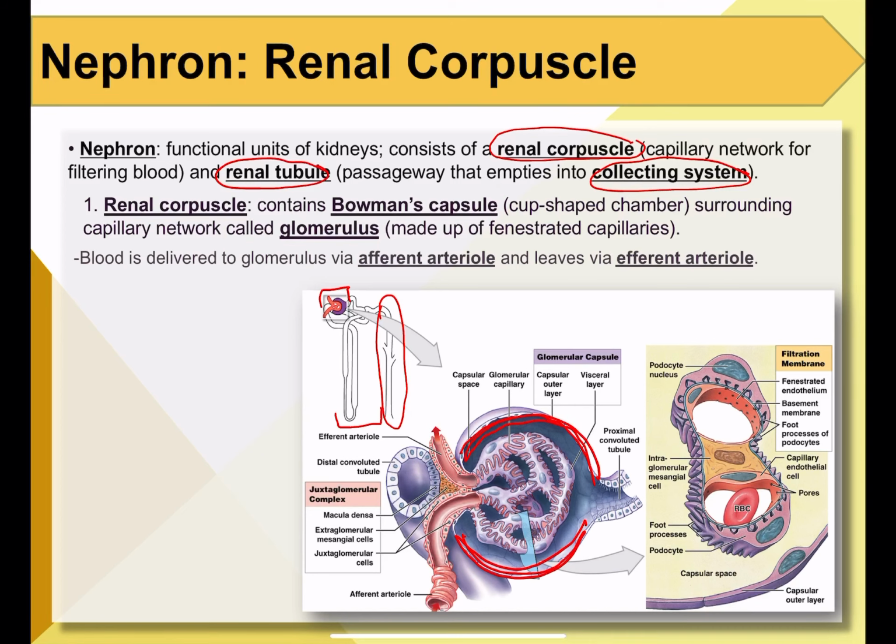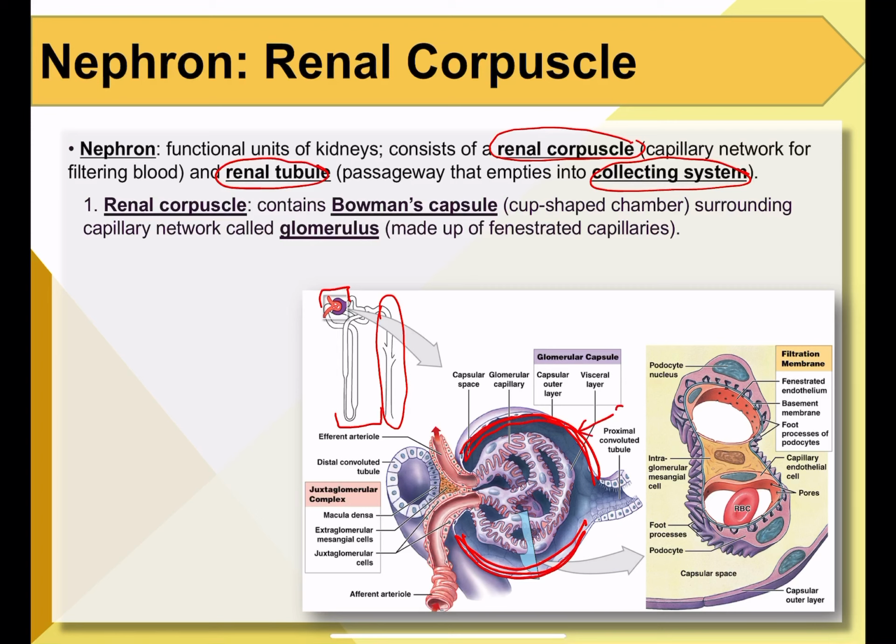And we'll have to label this Bowman's capsule when we get to that lab exercise. Within here, this is what we refer to as the glomerulus, which is made up of fenestrated capillaries.